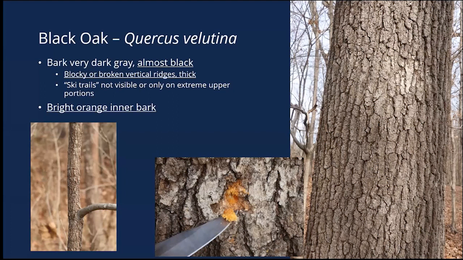You can see that with that middle picture. That's a great way to verify your identification if you're unsure, is take a look at the inner bark and see if it's light pink, so northern red, or orange, like this one here with black oak.